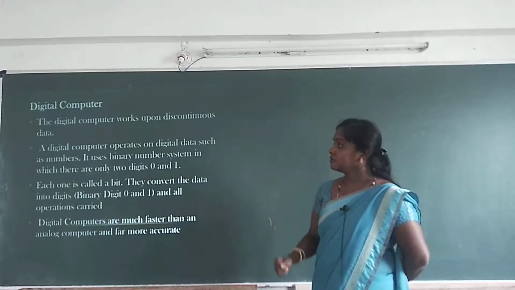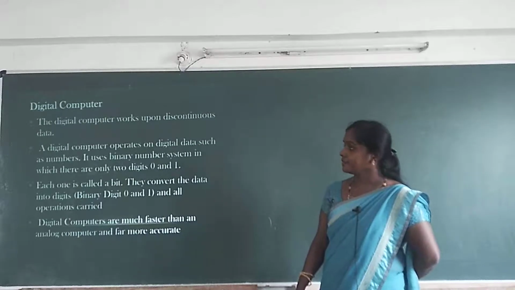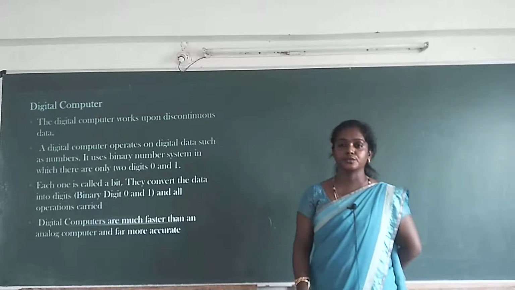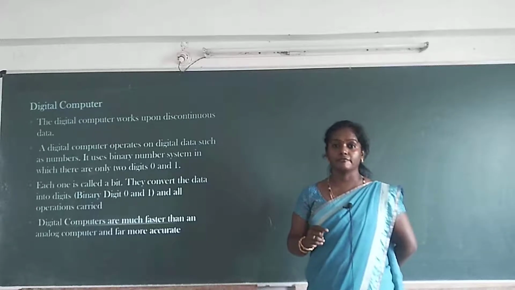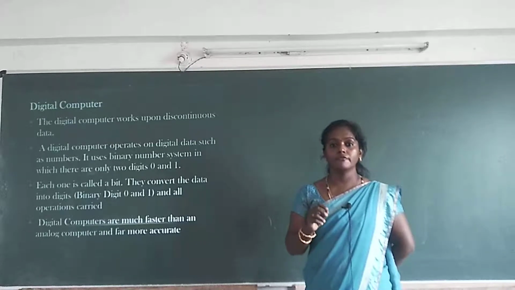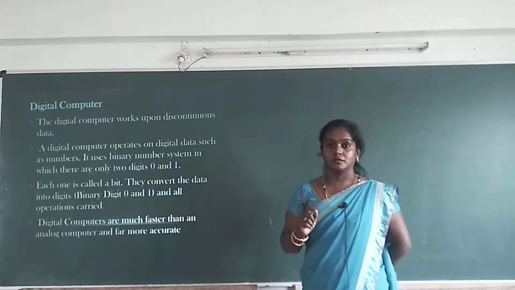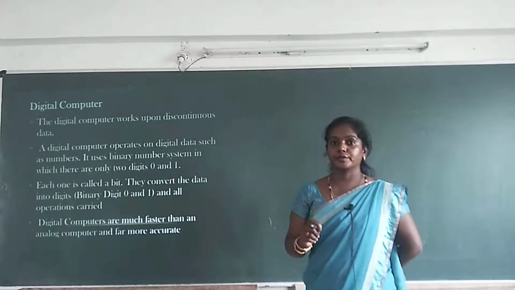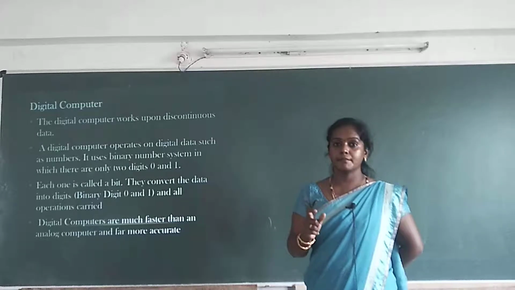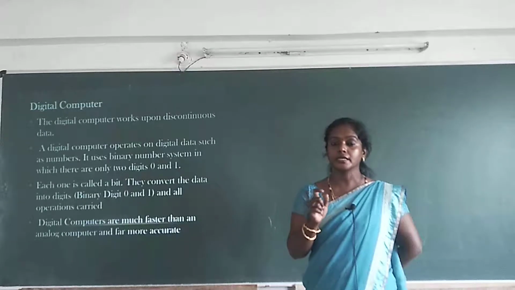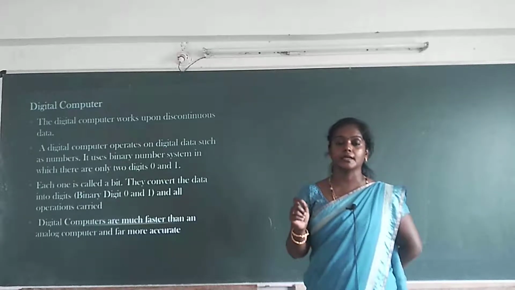So it uses the binary number system in which there are only two digits, 0 and 1. 0 represents off, 1 represents on. So the digital computer works on these numbers 0 and 1. We call 0 and 1 binary numbers.